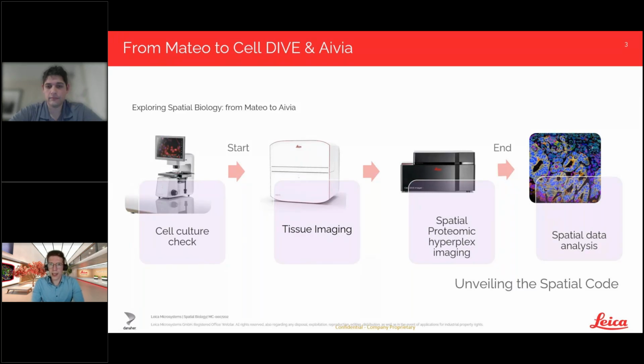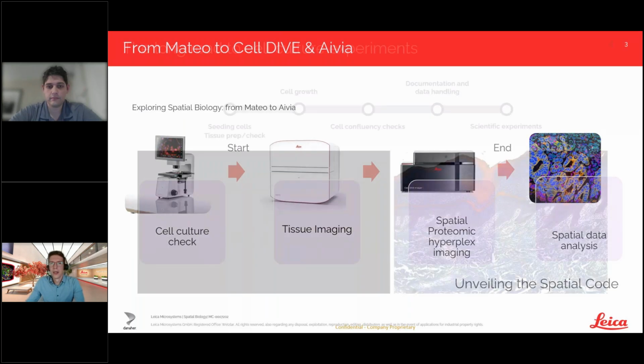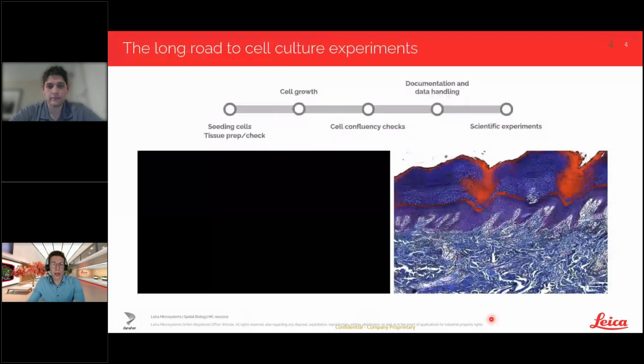So let's get started with the first step, checking your cells or your tissues before you actually do your staining or start your acquisition. And this typically involves a couple of steps. So first you want to seed your cells or prepare your tissue and just have a brief look if it's looking well, if you have enough cells, if your tissue section is the one that you want to continue.